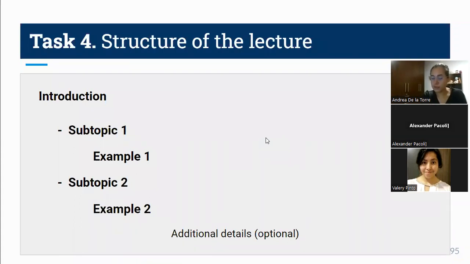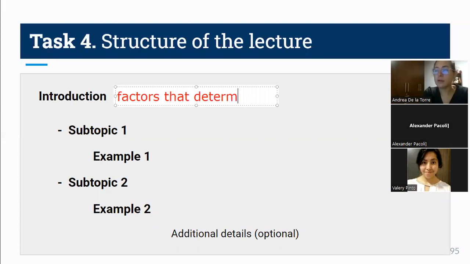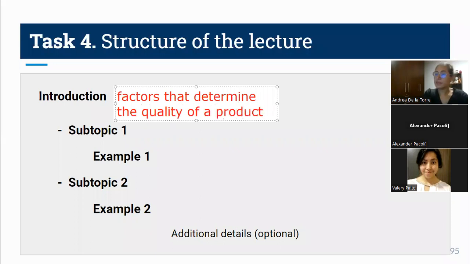In the first 15 or 20 seconds, you had a short introduction. In that introduction is where the professor mentions the topic, right? The professor says, so we're going to be talking today about the factors that determine the quality of a product, right? That's something that you got in the introduction.